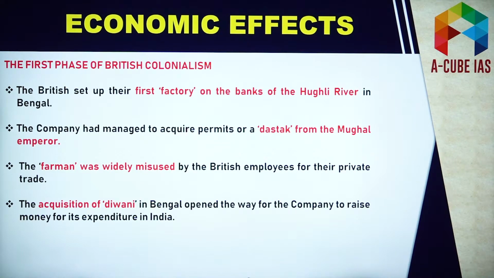Now the company had managed to acquire permits, or we can call these permits dastak, from the Mughal emperor, and these dastaks exempted them from having to pay duties on their trade. So this led to a great deal of corruption among the employees of the company. This farman was widely misused by them for their private trade.